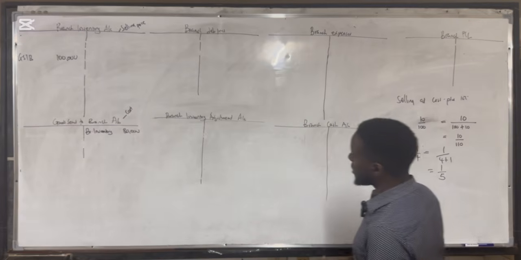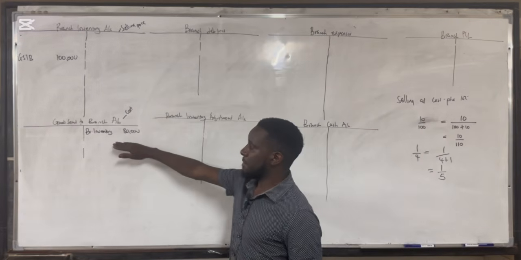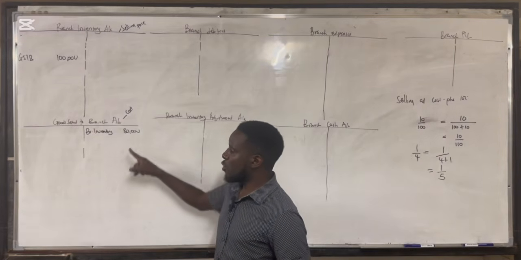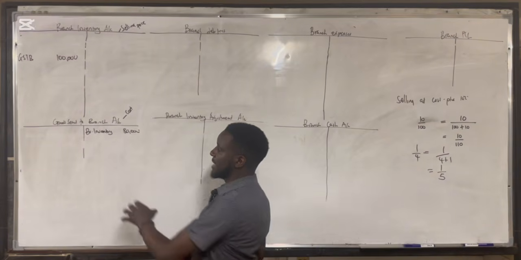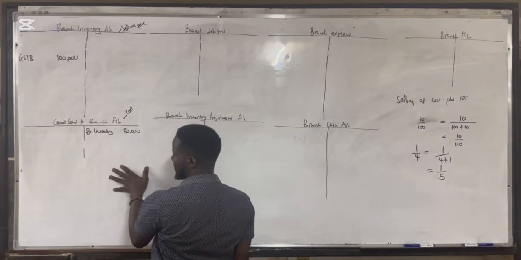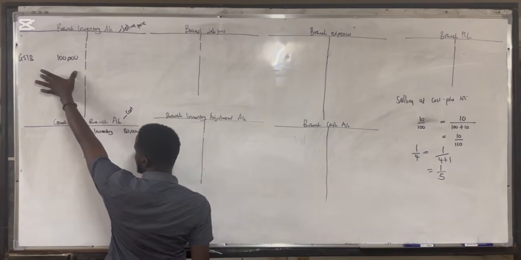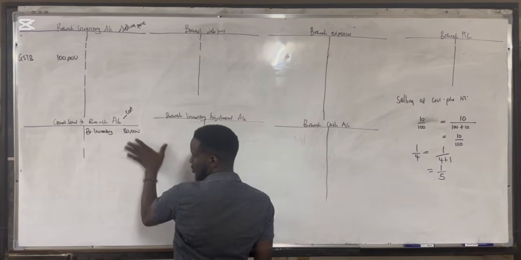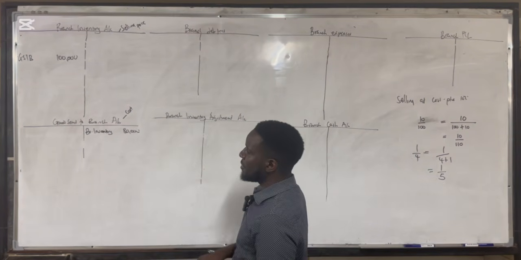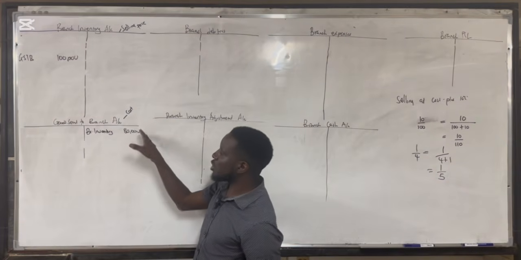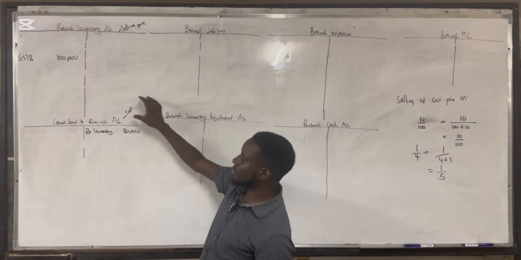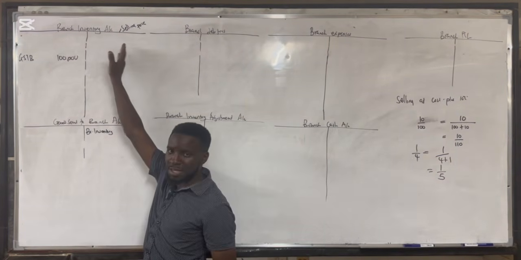So when it comes to goods sent to branch, once goods are being sent, remember that this account records cost. So the entries are: debit the branch inventory, then credit the goods sent to branch account. But remember that these two accounts are recording two different items. This one records the cost, this one records the selling price.